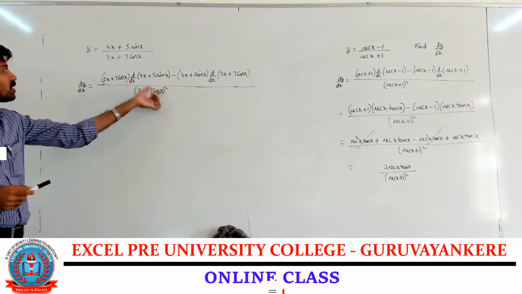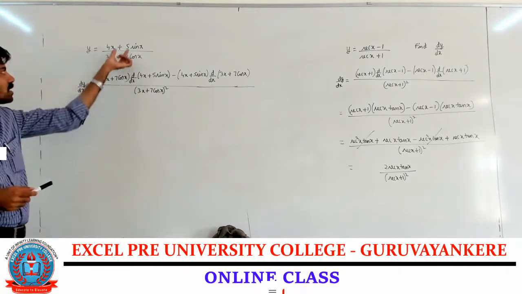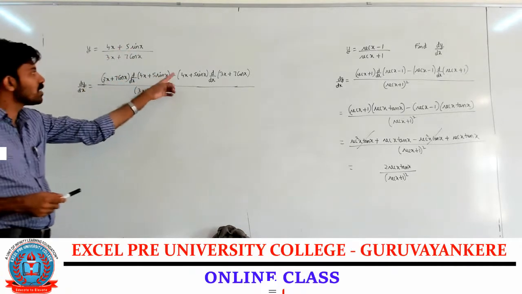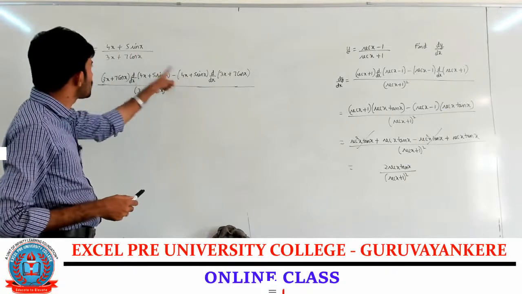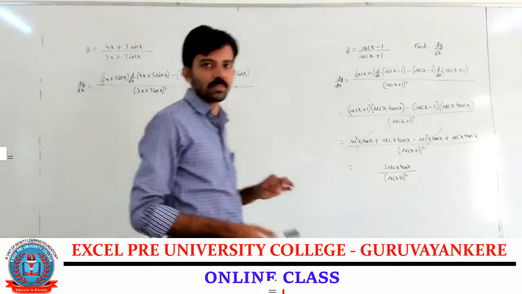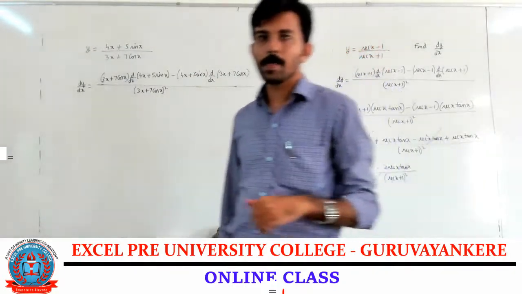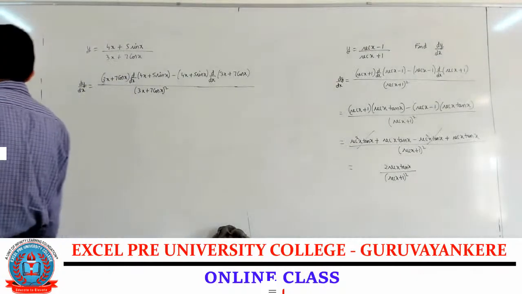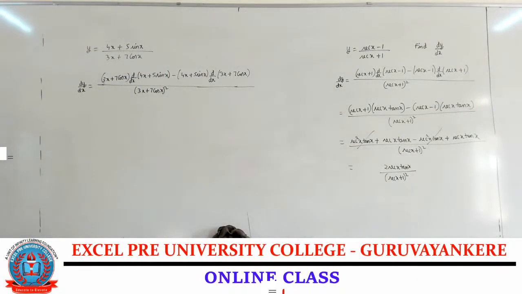Denominator square, denominator keep as it is. Differentiate the numerator minus numerator into differentiate the denominator. Simplify this.